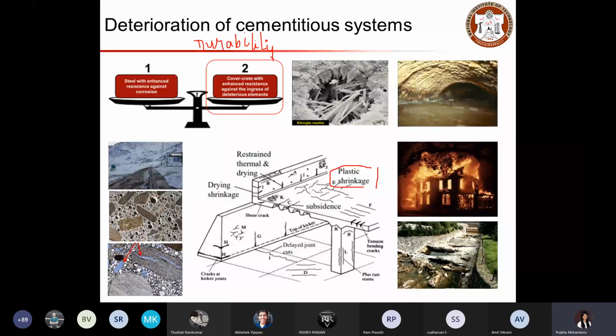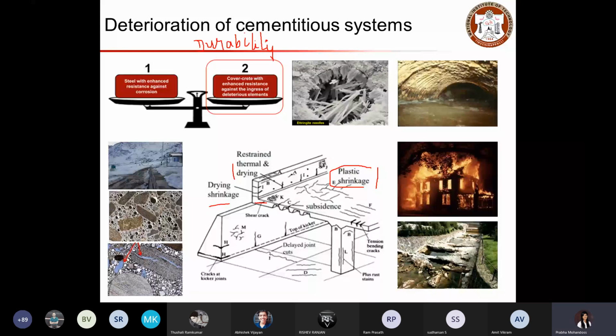So thermal and drying cracks, and if there is no restraint and it is subjected to evaporation, then that will lead to drying shrinkage, and you have shear cracks near the support of your structure.